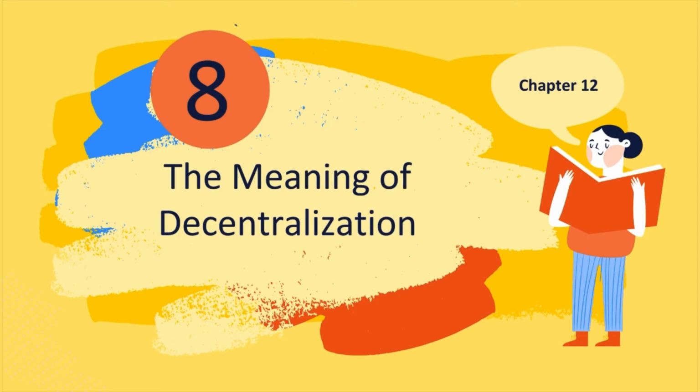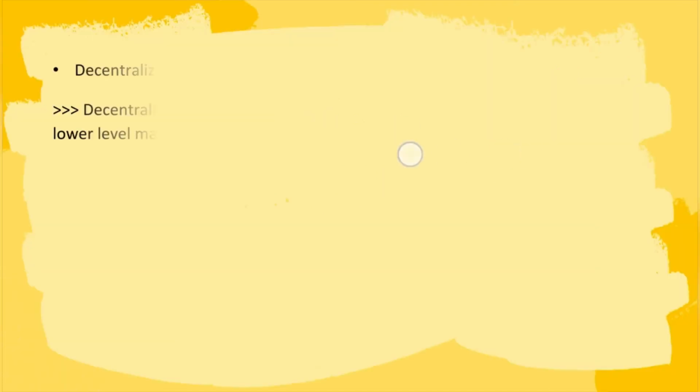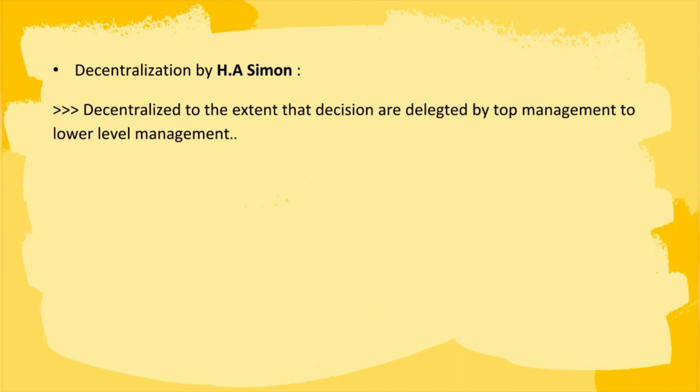Okay, next is the meaning of decentralization. Now we jump to chapter 12. We will try to discuss what decentralization is. Here we will discuss decentralization in a business context, referring to the definition by H.A. Simon.